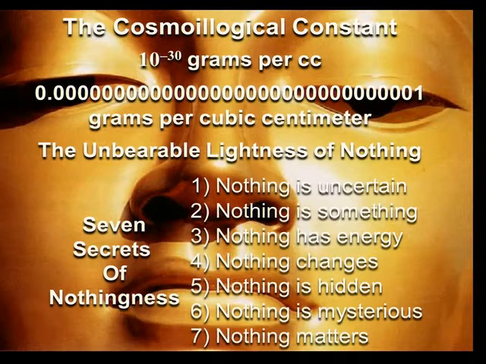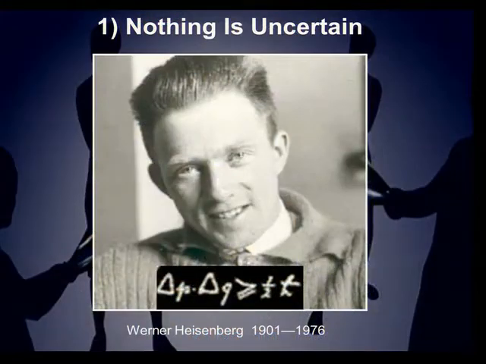Okay, let's first turn to the idea that nothing is uncertain. It's based upon the uncertainty principle of quantum mechanics. We live in a quantum world. When we think about nothing, we have to take into account the uncertainty principle.